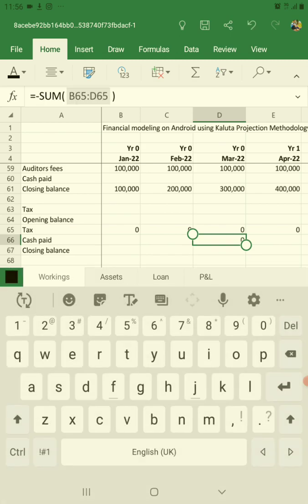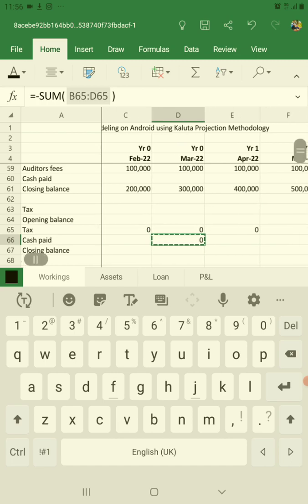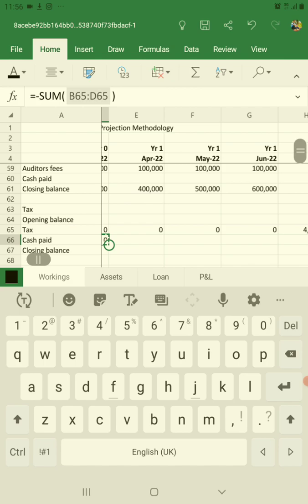Now apply it at the end of each calendar quarter. So I tap to copy and then go to March, April, May, June.